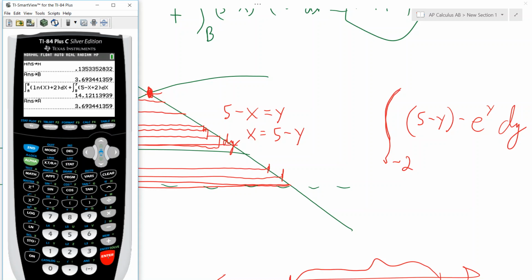So y1 and y2 right now are both saved as that number. If you want to store it, which you do not have to, you could go into vars, go into y vars, choose one of the functions you found the intersection for, y1 or y2, and store that. I usually let the y values be like c, and that's the y value where they intersect. So it stores the x value as the answer, and the y value as y1 or y2, depending on which ones you found the intersection of.